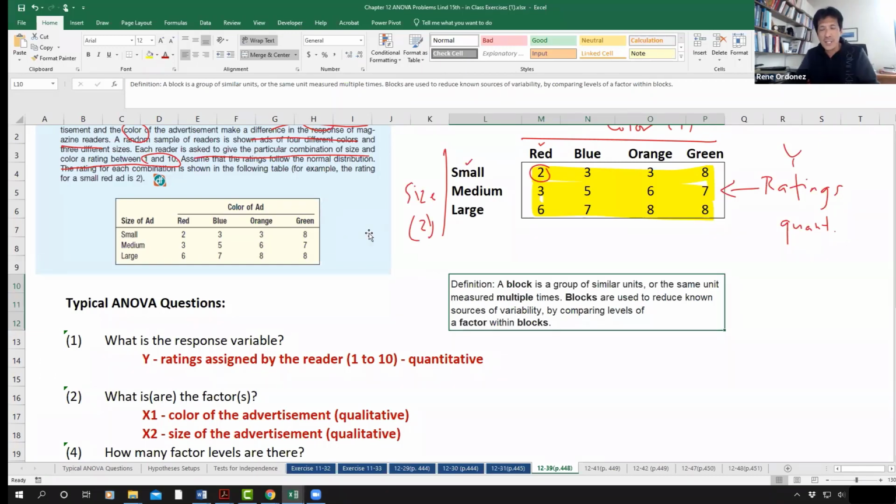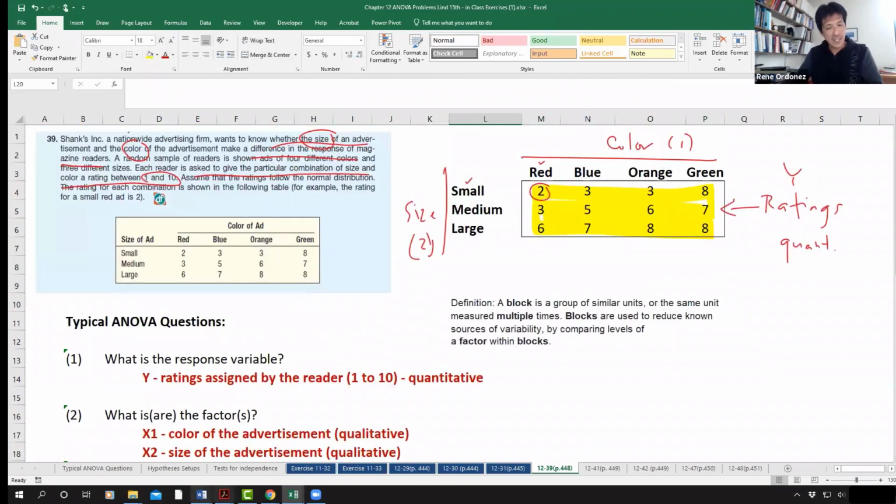In other words, when we conduct the test of hypotheses comparing the average rating of the advertisements based on color, we are actually controlling for the variability by using the size of the ad. So we cannot attribute the variability that we observe to any other source.